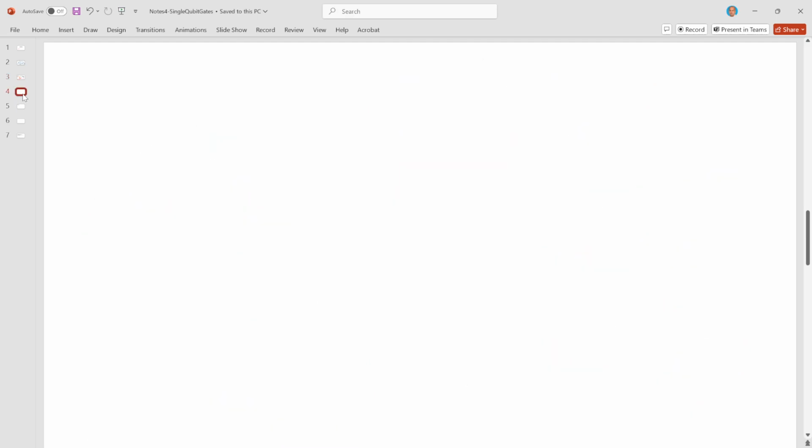So let's take a few examples. Suppose we want an operation, let's call it example number 1, the NOT gate.